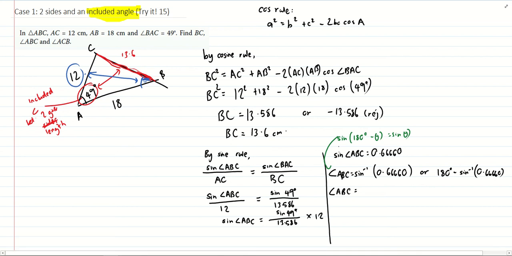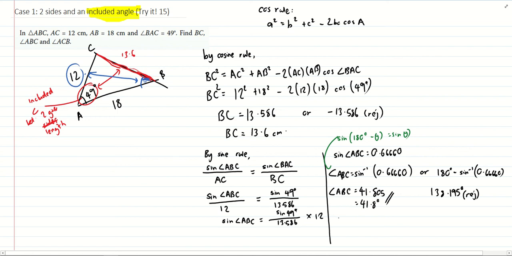So taking sine inverse, we have either angle equals 41.8 degrees, or 180 minus 41.805, which is 138.195. You realize that this 138.195, if I add it together with 49, I'll get more than 180 degrees. So I will actually reject this angle. We have angle ABC equals 41.805, of course giving 1 decimal place, so 41.8 degrees.